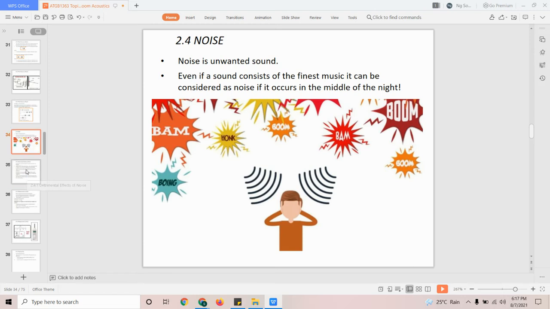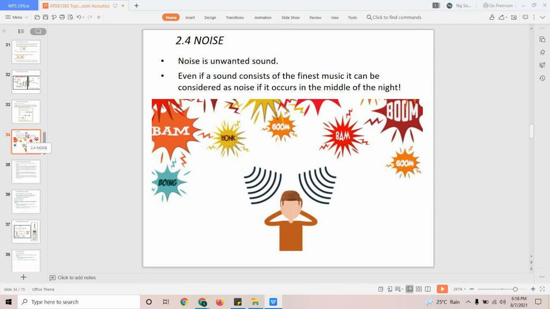Okay, so next. Sound, as we know, can be very pleasant, and it can be very unpleasant, meaning unwanted. Since we are unable to switch off our hearing ability, we will always be able to hear sound, so we want to make sure the sound we hear is only at the right time.